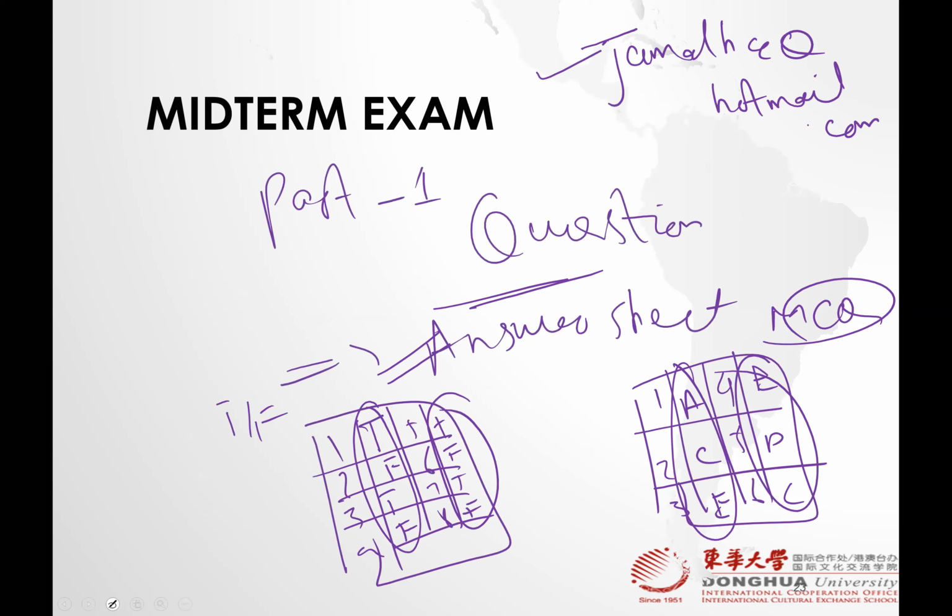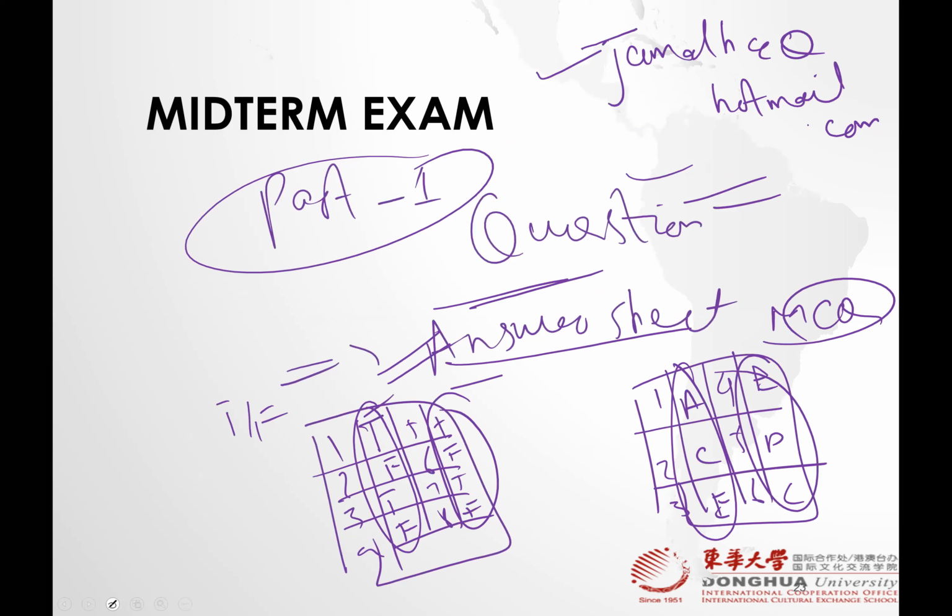So I will be sending you two files for part 1: one is the answer sheet and one is the questions. You read the questions and write down the answers in the answer sheet. You can use an e-pen, or you can just edit it. This will be a Word file. Just edit it and write down true, false from your computer, like that.